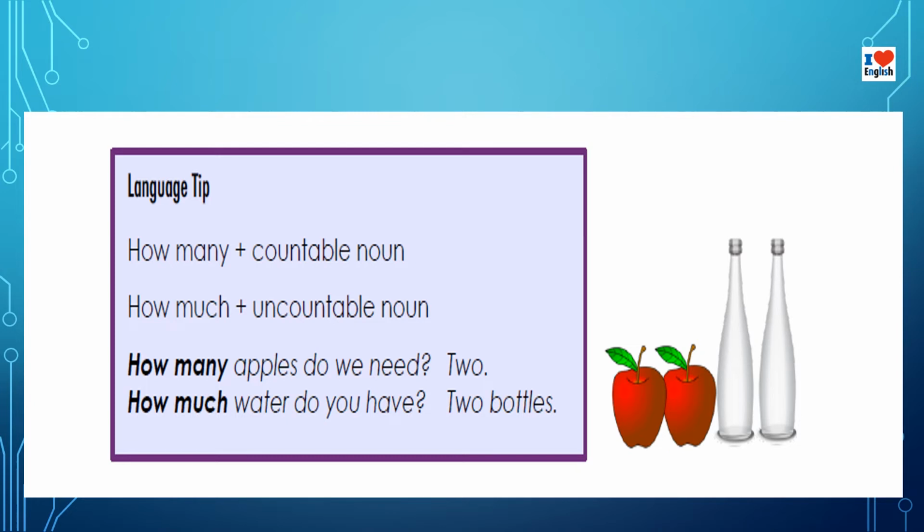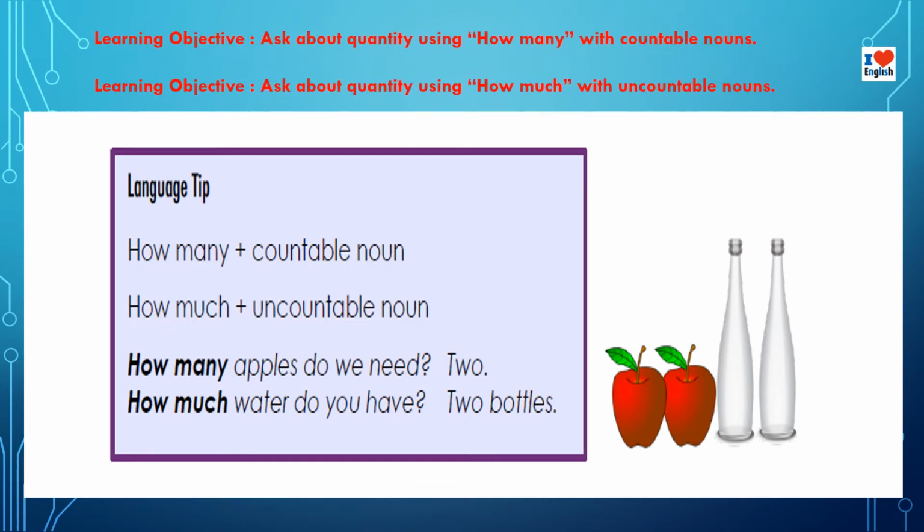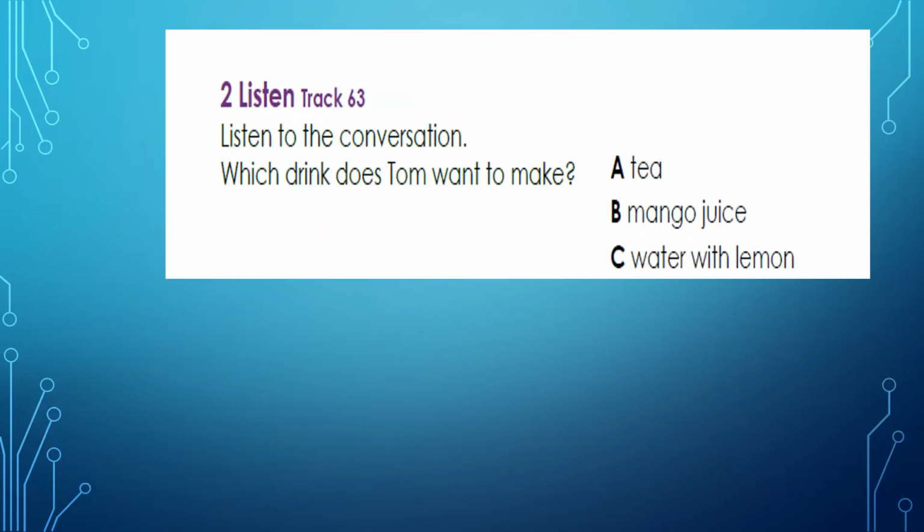About water, 2 bottles of water. So we have learned and finished our 2 objectives for today. Learning objective 1, ask about quantity using how many with countable nouns, and learning objective 2, ask about quantity using how much with uncountable nouns.